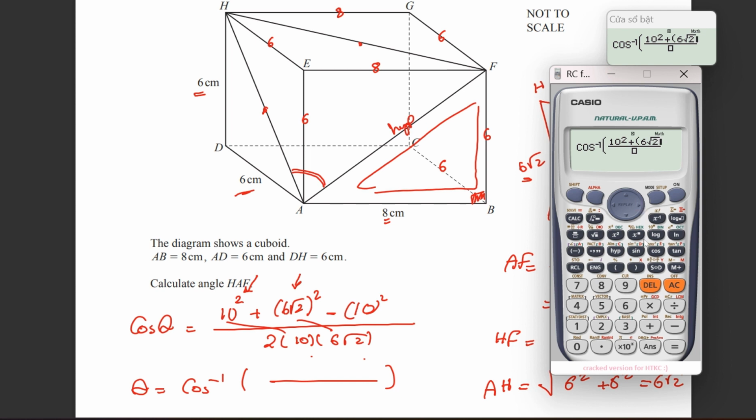Then minus 10 power 2. All of this divided by 2 multiplied by 10 multiplied by 6 root 2. Then close the bracket, equals 64.8.